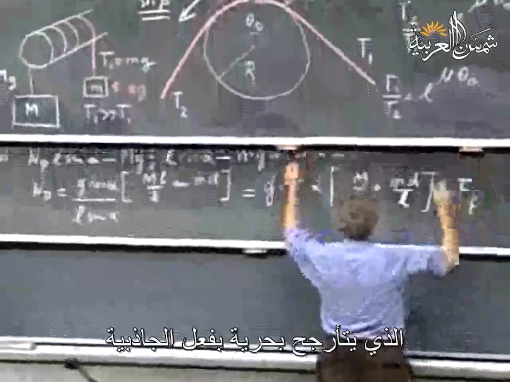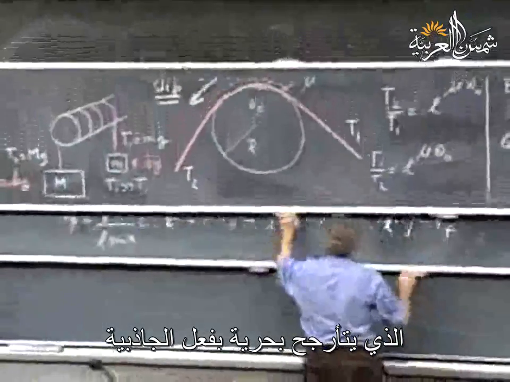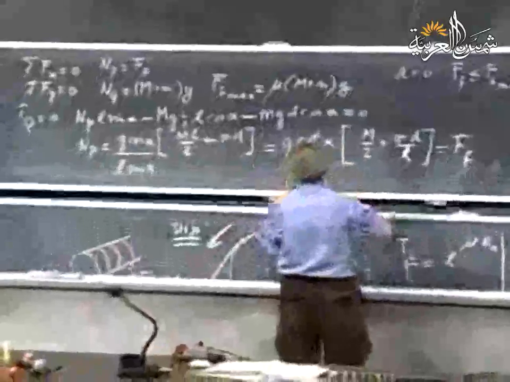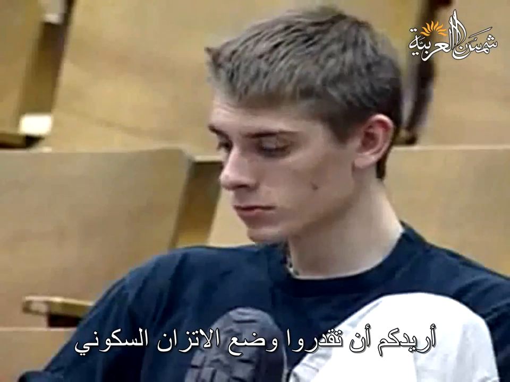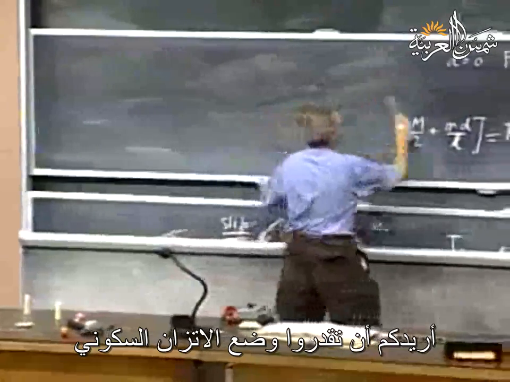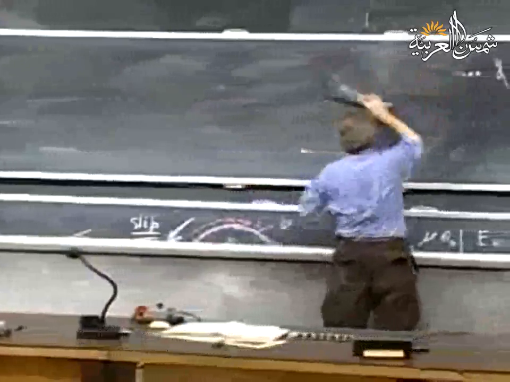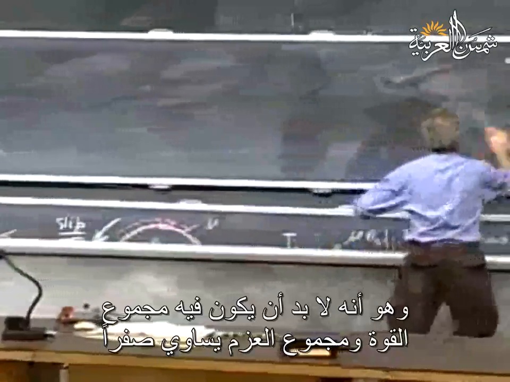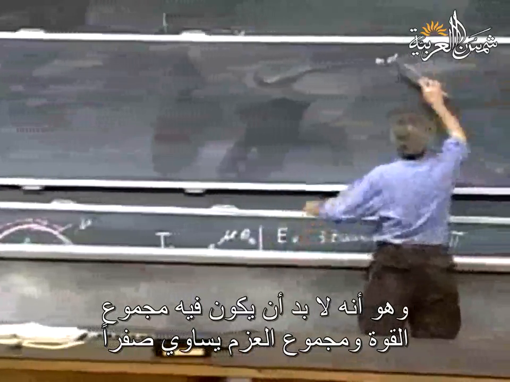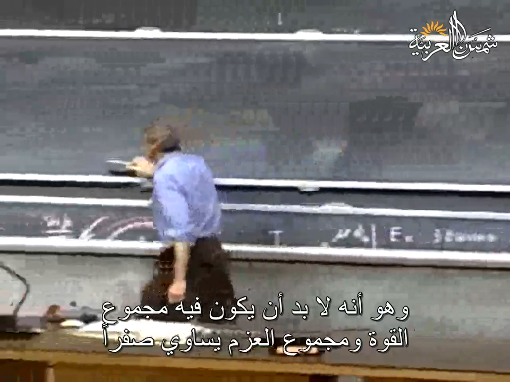And now I want to discuss an object that is hanging and that can freely swing due to gravity. I want you to appreciate the situation of static equilibrium, that the sum of all forces and the sum of all torques have to be 0.